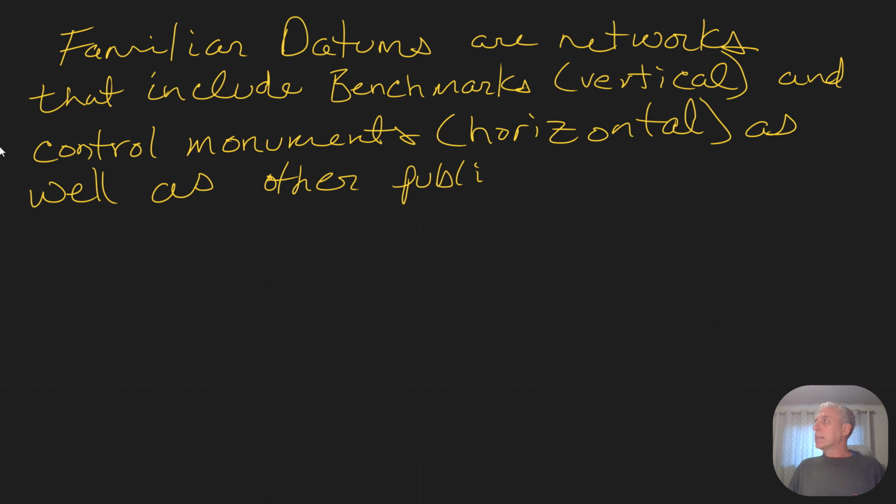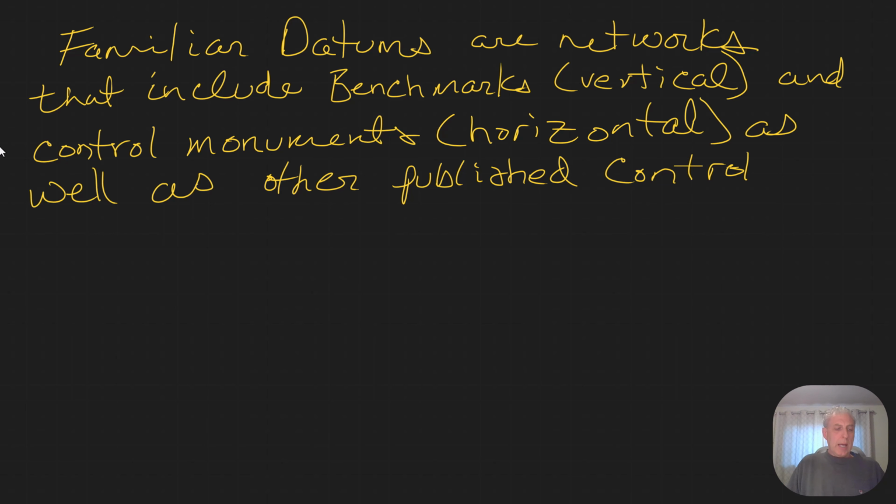And I include this other published control because that's how we might think of a point on the ground at which we gather OPUS data. We gather GNSS observations, submit to OPUS, and then they quote unquote publish our coordinate by sending us a data sheet with all the information we need. And that is where we're moving to.